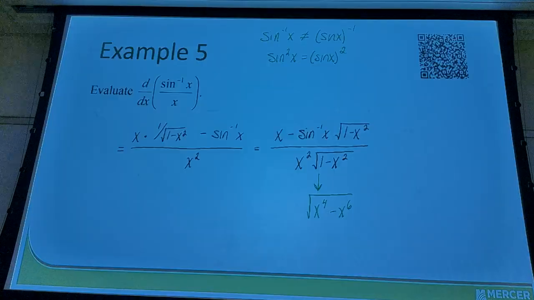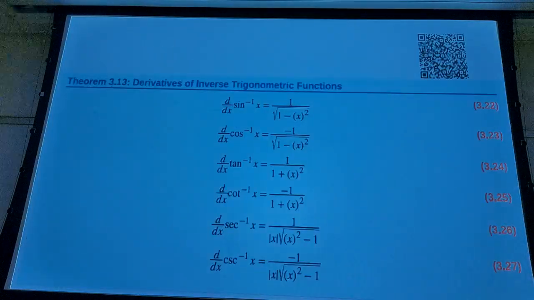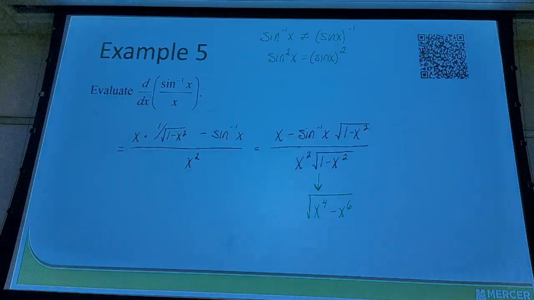I think the book uses, does it? No, it doesn't. Good. The book does use the inverse notation. Another notation for the inverse trig functions are the arc functions. They're the exact same thing. I don't use the arc. I don't like it. I prefer the inverse better.